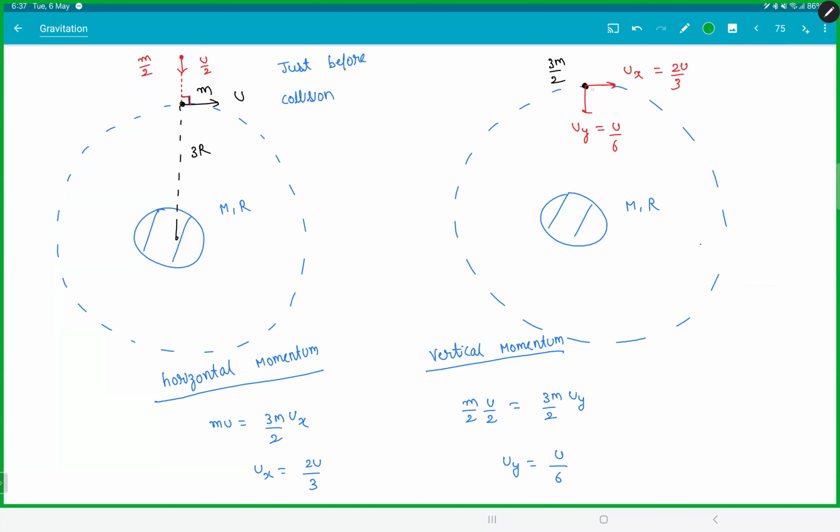So this guy is not going in a circle. It will go somewhat like this at some angle. And be careful here: energy is not conserved just before and after collision, because the collision is sticking.